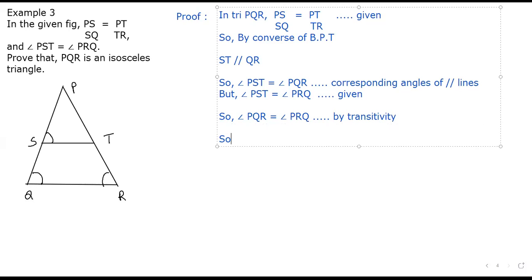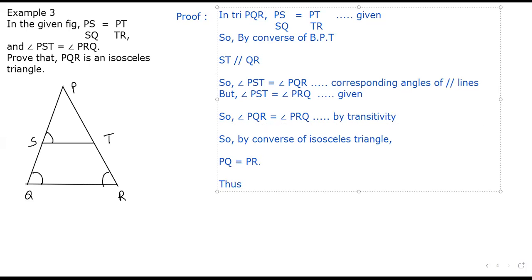And therefore, by converse, this is what we have learned last year: if the angles are equal, the opposite sides become equal. Converse of isosceles triangle. Yes or no? PQ becomes equal with PR. Thus, triangle PQR is an isosceles triangle because PQ and PR become equal.